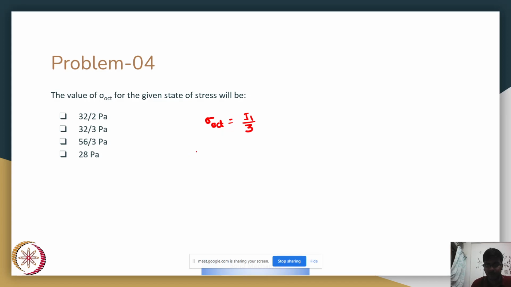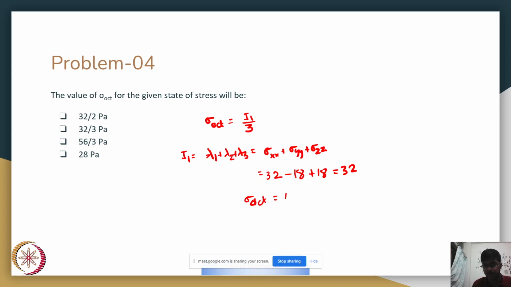Which is, for this case, I1 is nothing but lambda 1 plus lambda 2 plus lambda 3, which is sigma xx plus sigma yy plus sigma zz, which is 32 minus 18 plus 18. So I1 is 32. Therefore, sigma octahedral is 32 by 3.